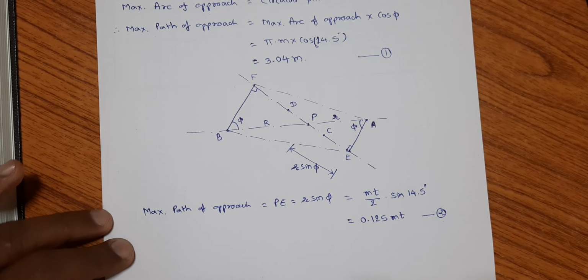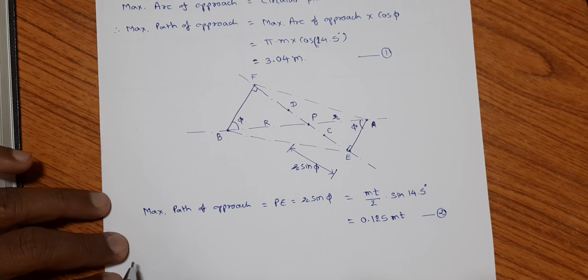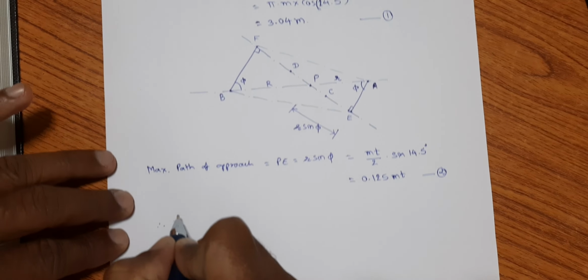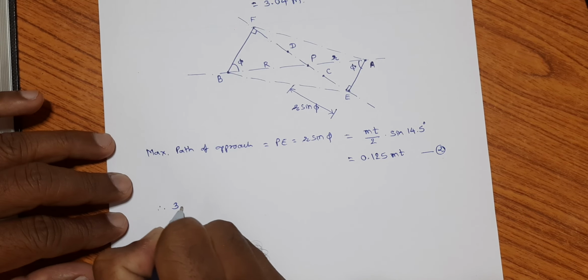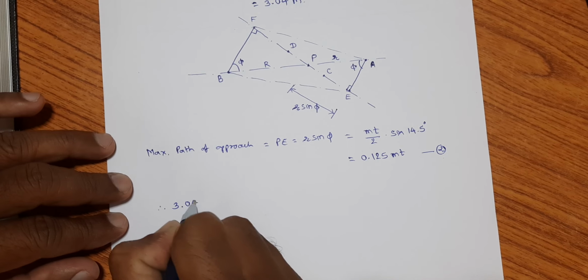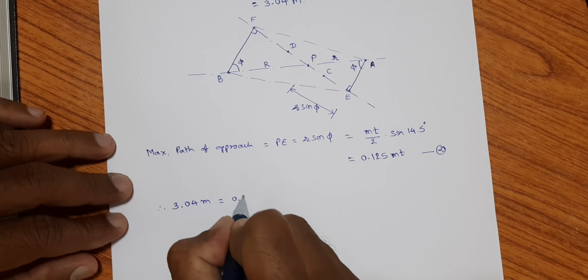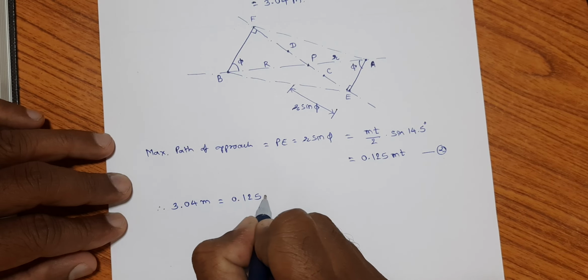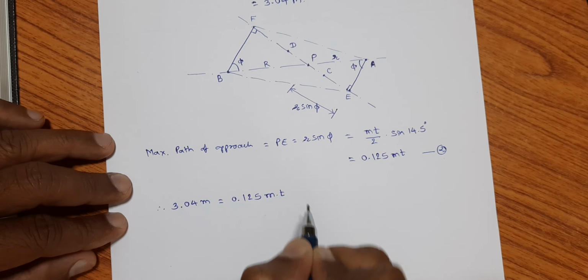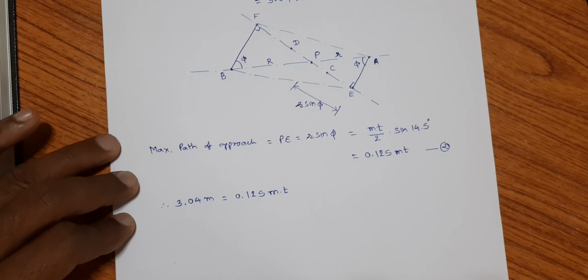Now comparing 1 and 2, we found that 3.04 times module is equal to 0.125 times module into number of teeth on pinion.